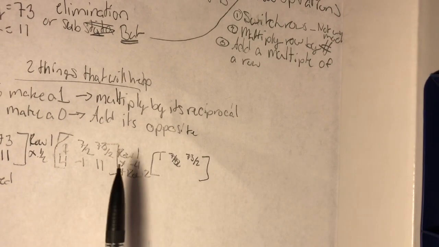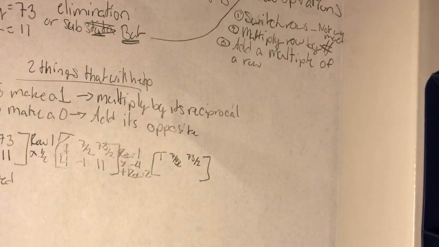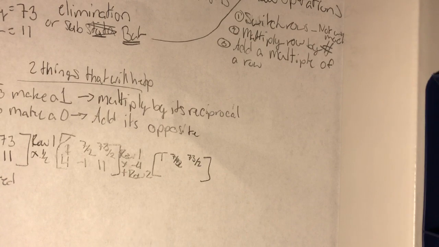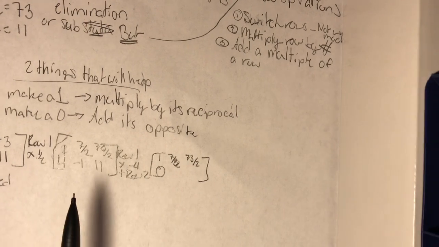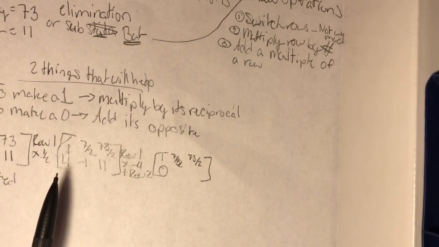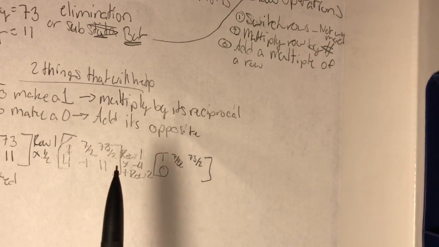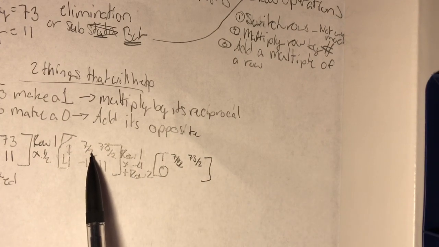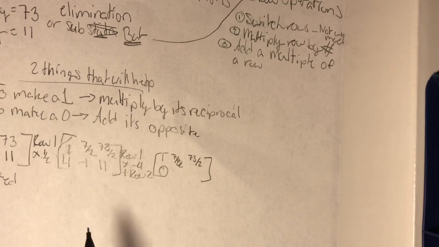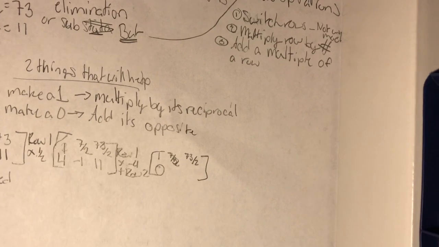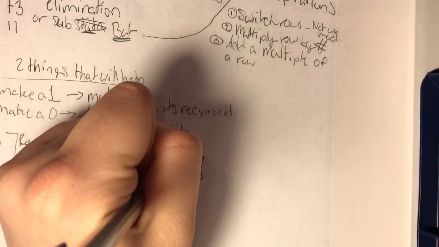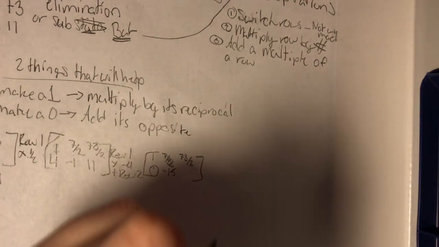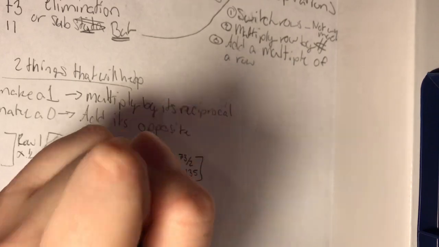So you do 4 times negative 1, and then plus 1 is 0. And then you do 7 halves times negative 4 plus negative 1. So for the second one, I got negative 15. And for the third one, I got negative 135.